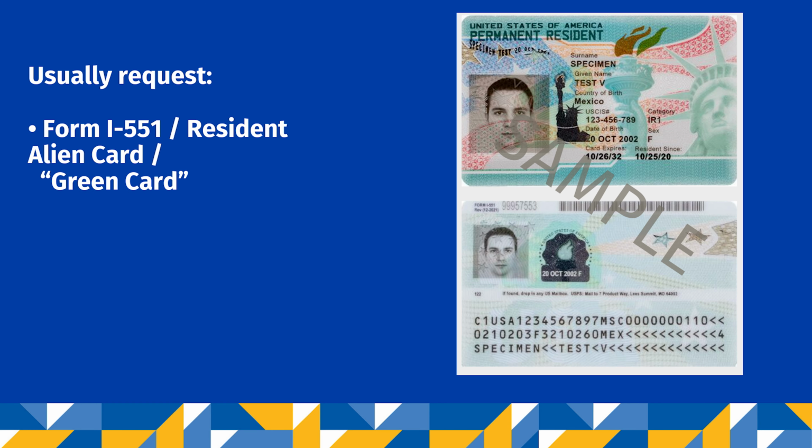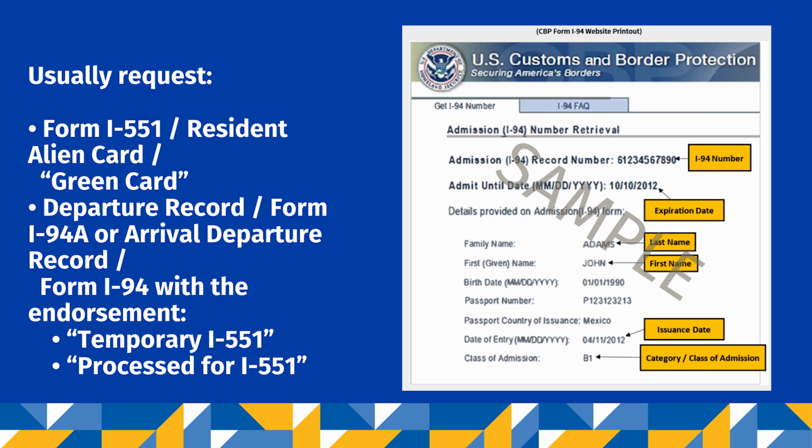For U.S. permanent residents, we would request one of the following: Form I-551, or a resident alien card, also commonly known as a green card, or a departure record, Form I-94A, or arrival departure record, Form I-94, with the endorsement temporary I-551 or processed for I-551.